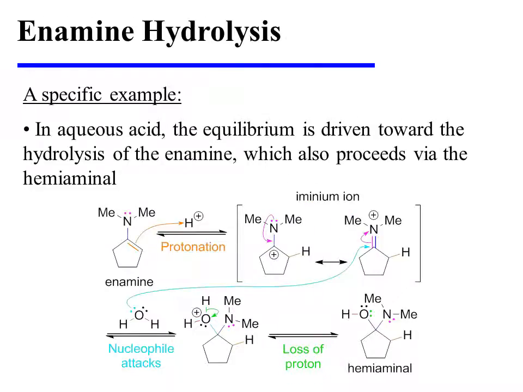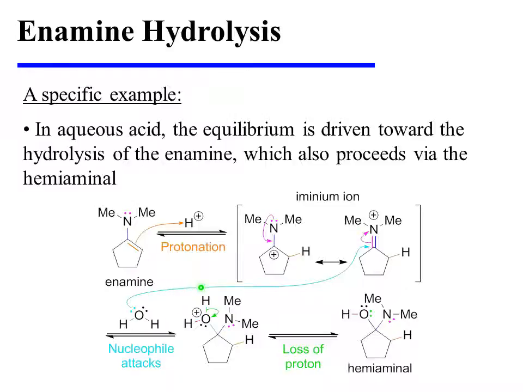In aqueous acid, the equilibrium is driven in the other direction, toward the hydrolysis of the enamine. This also proceeds via the hemiaminal, which is formed when the enamine is first protonated. This protonation occurs so as to form the more stable, resonance delocalized cation.